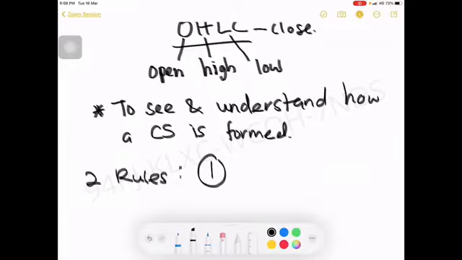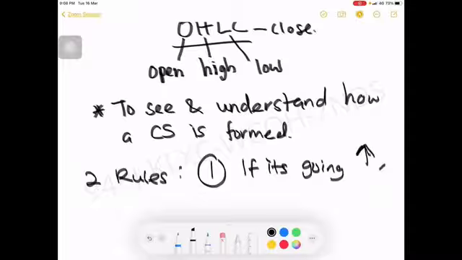First, if it's going up, okay, this is an arrow going up, it must go down first.